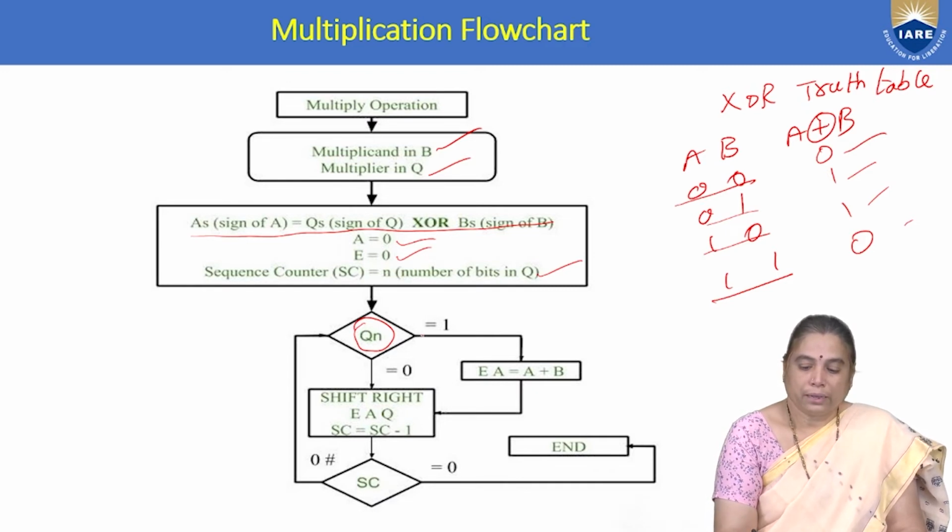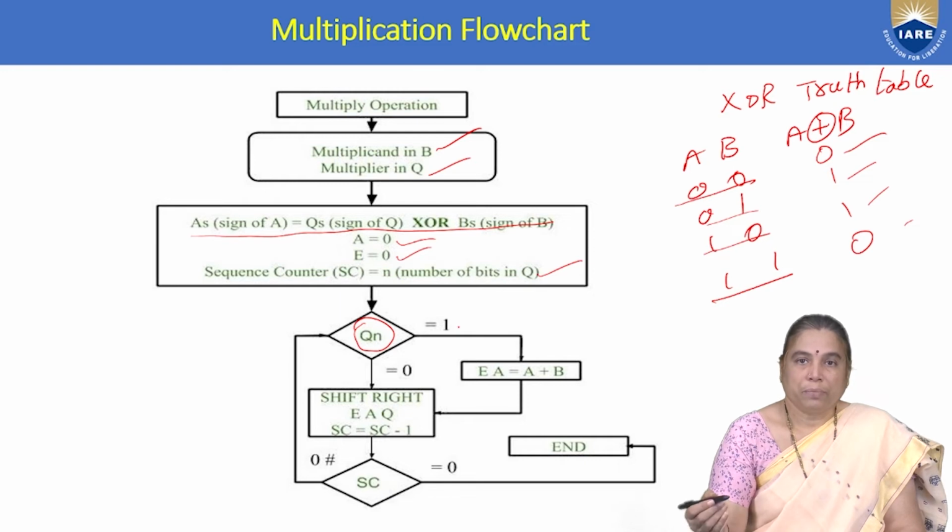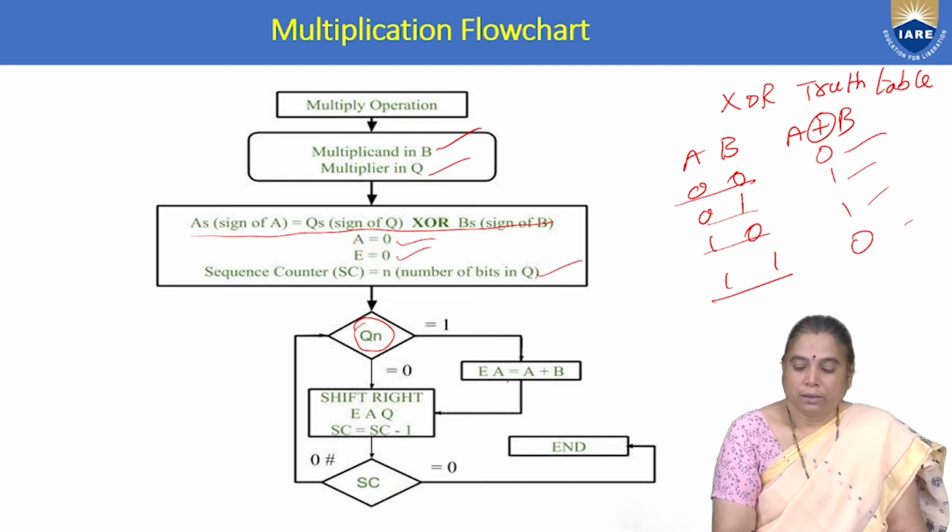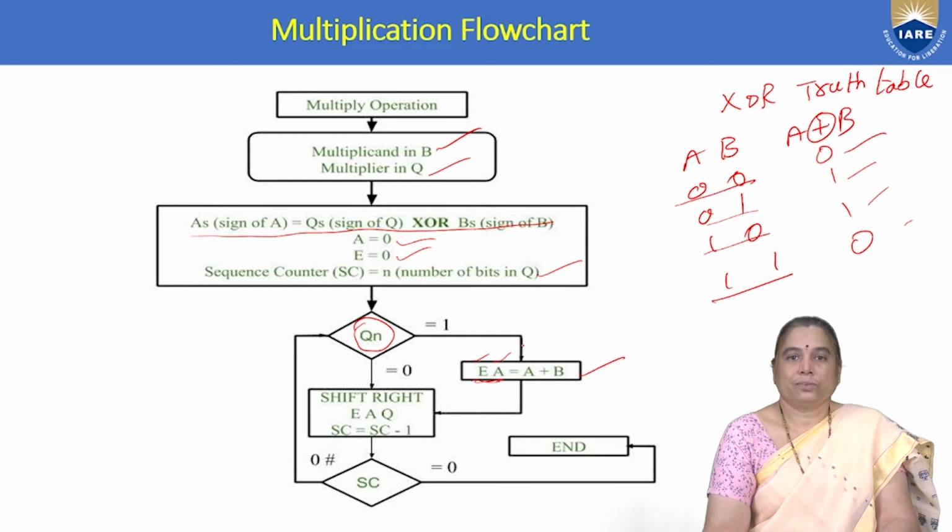If Qn contains 1, the multiplicand has to be added to the partial product. So A plus B is done, that is, multiplicand plus the partial product value, and the result is moved to EA, the E flip-flop and the A register, the partial product register.